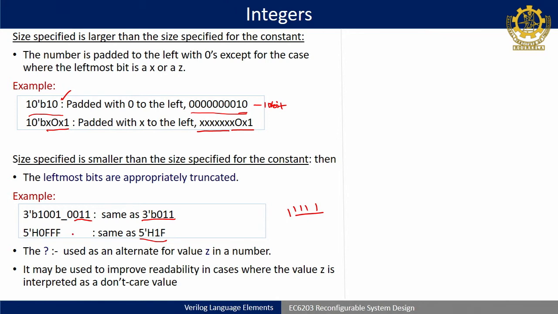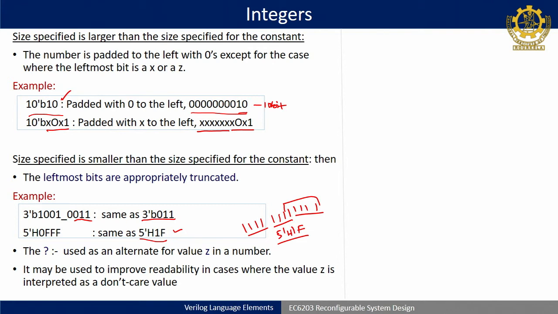I have written triple f, so that means 4 bits for f, then another f, then another f, a total of 3 f. But again our required output is 5 bit, so it will go up to this 5 bit only. From here 1 will come, from here f will come, so it is 5'h1f. Understood?